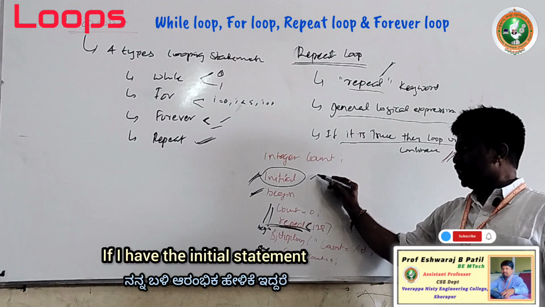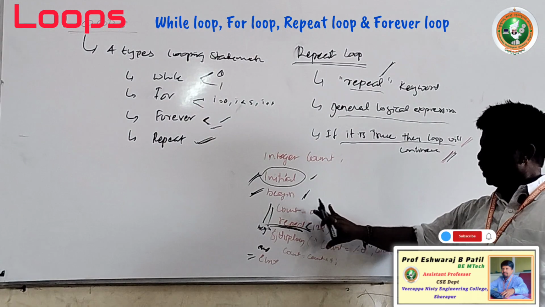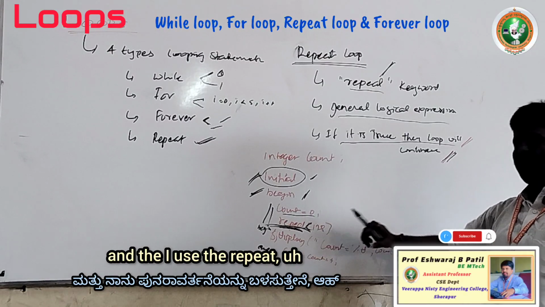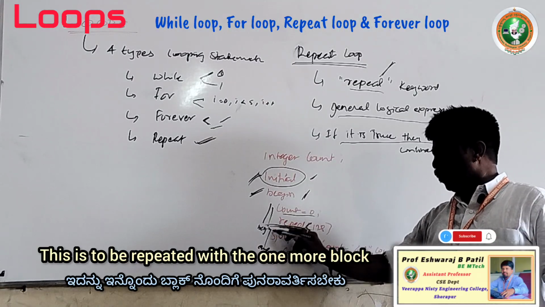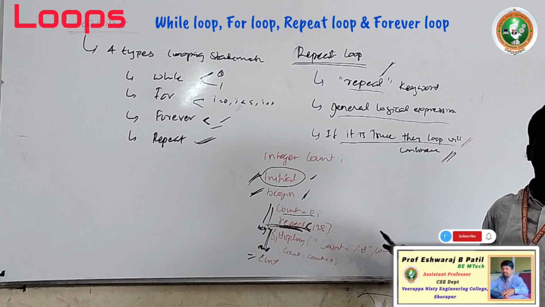If I have the initial statement, then I definitely have begin and end. Thereafter, I start with count equals 0 and use repeat 128 times. It has to be repeated with one more block, begin and end. There I display the value of the count.